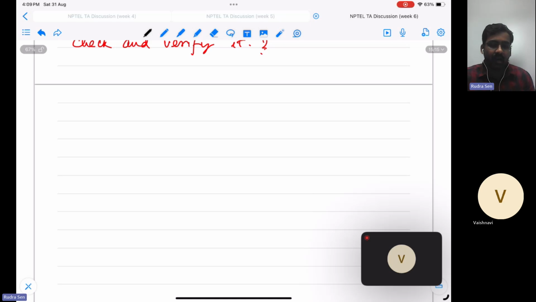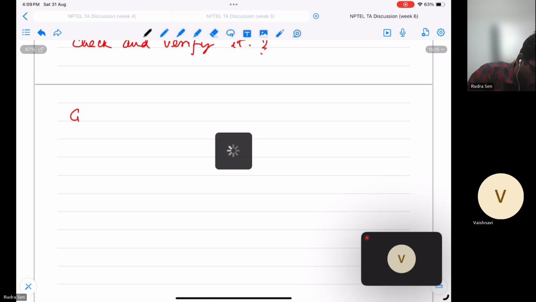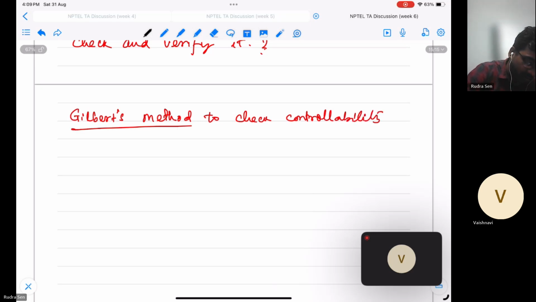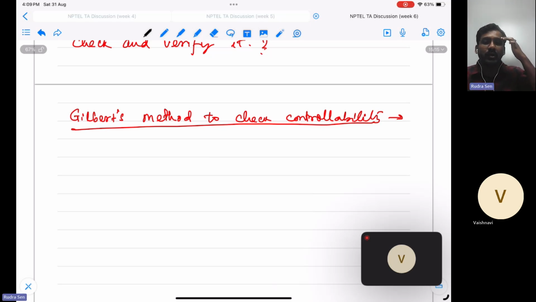So next is Gilbert's method to check the controllability. Till now, do you have any kind of query?